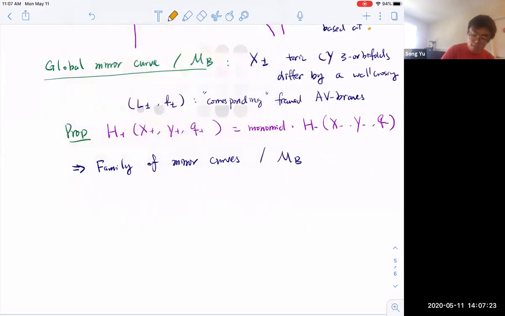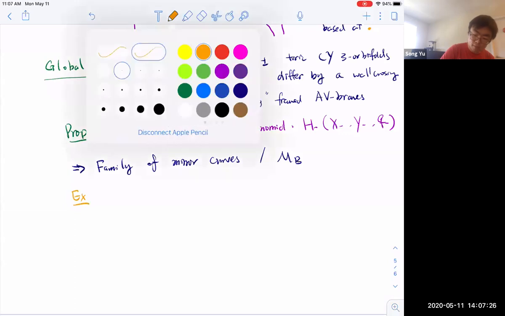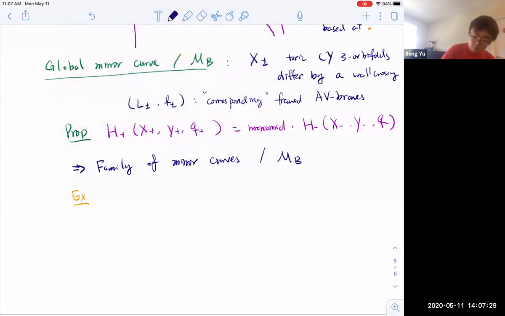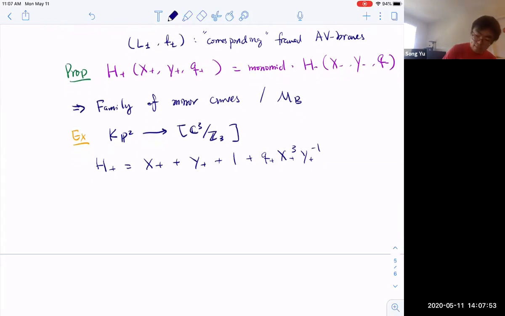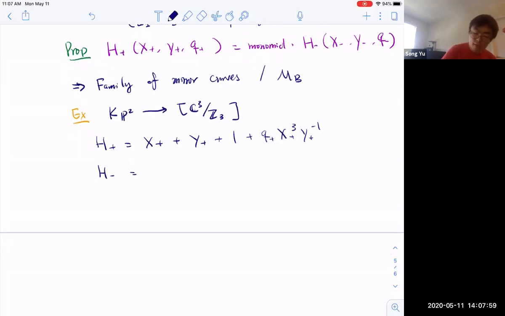So let me illustrate this in an example of KP2, the example of KP2 resolving C3 modulo Z3. Okay, so we said earlier that the mirror curve for KP2 is x plus y plus 1 plus q plus x plus to the third y plus to the negative 1. And the mirror curve for the orbifold, again you would look at the toric data and write down the equation just based on toric data.